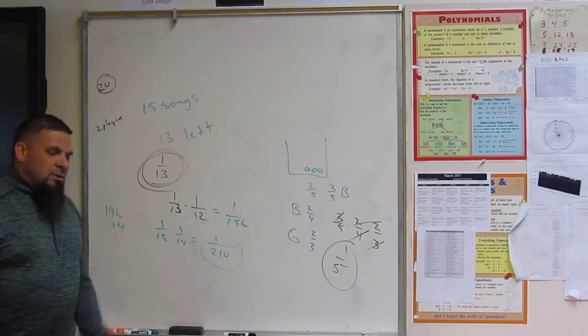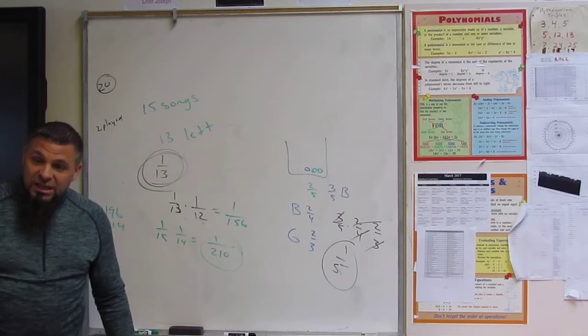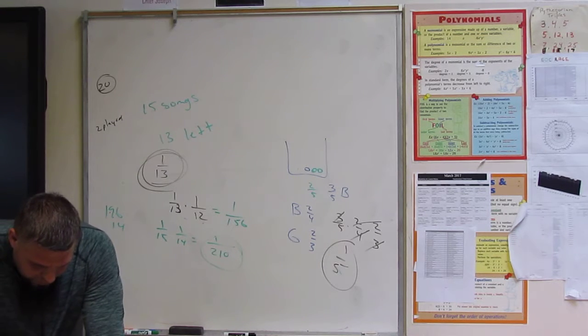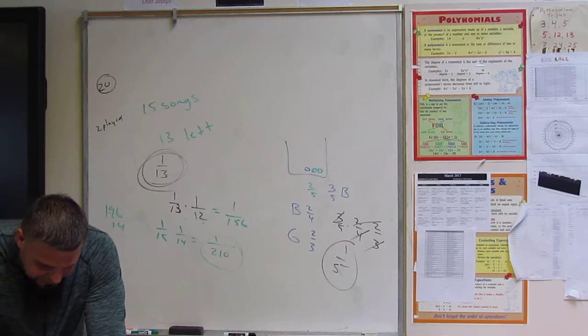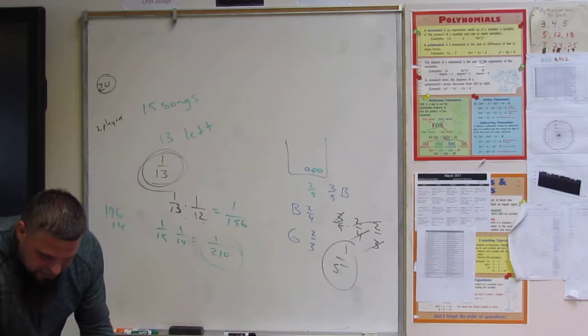Anyways, the hardest thing about this is understanding the question, reading it properly. It says there are 15 songs on the playlist. You random shuffle with no repeat. You listen to 2 songs.